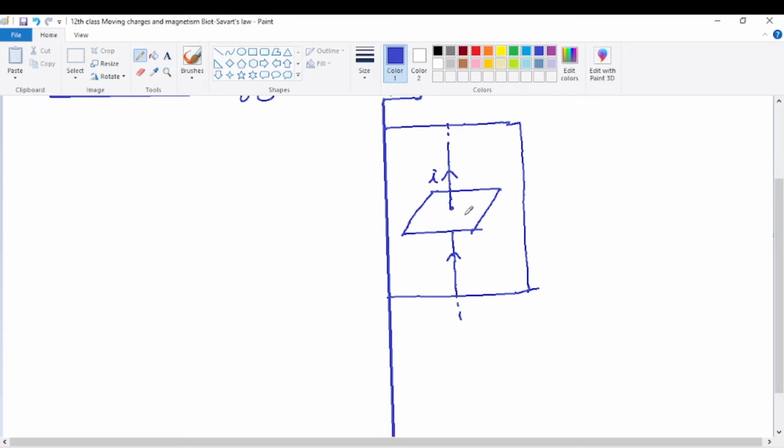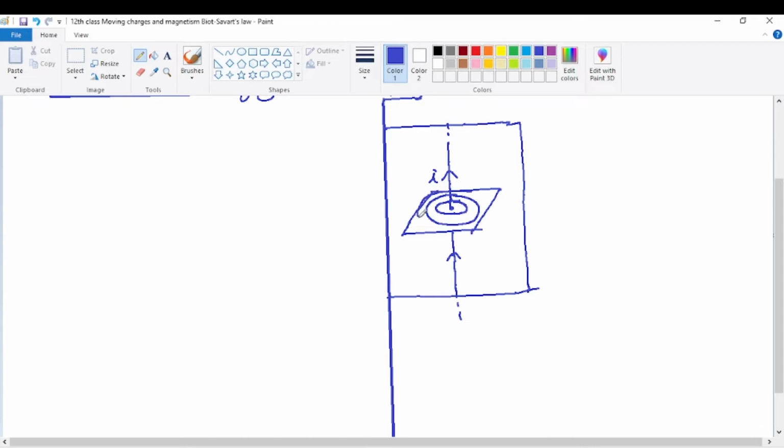Because of this current carrying conductor, a magnetic field is established around it in this plane. That means in the plane perpendicular to the length of this infinite straight conductor, the magnetic lines of force are exact concentric circles this way.